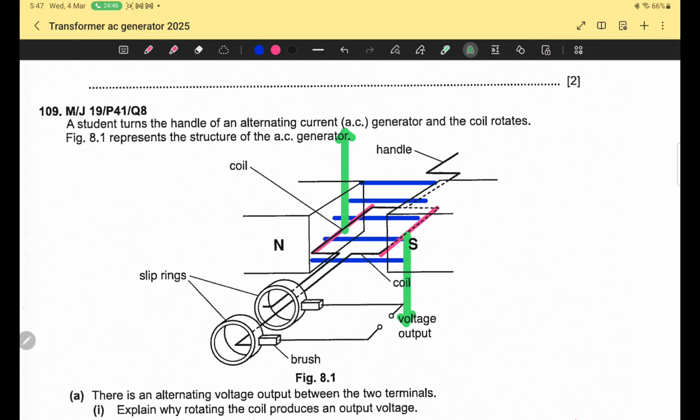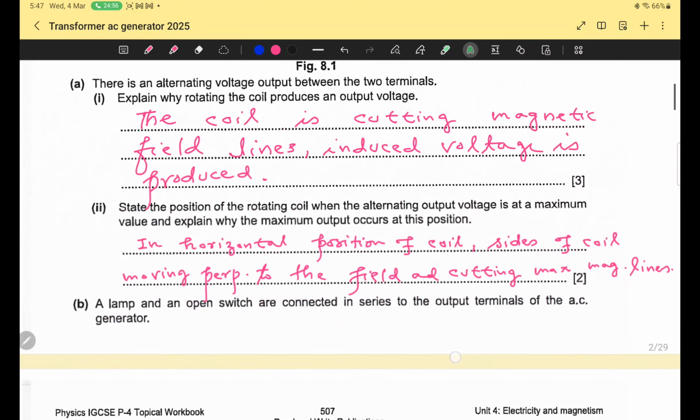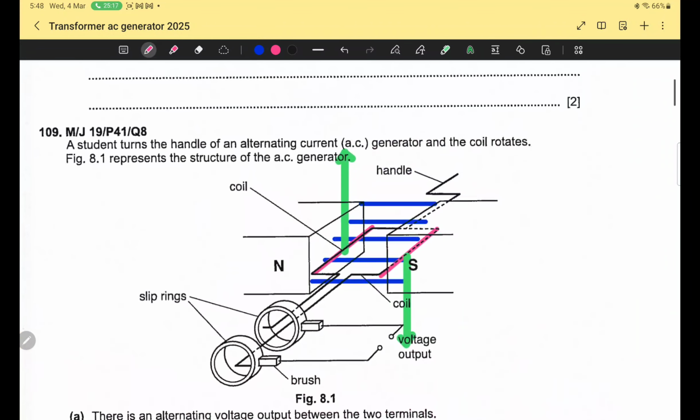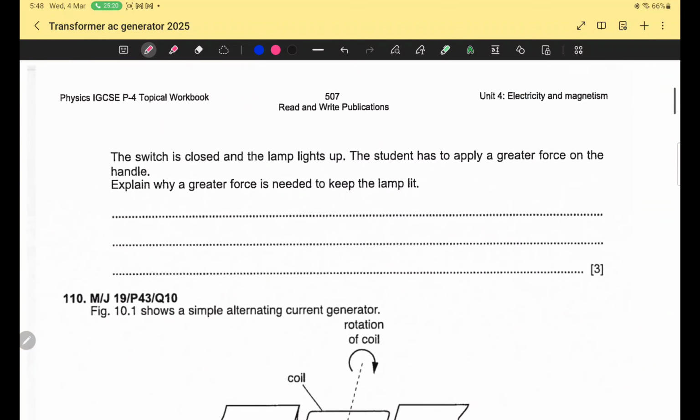So the magnetic field and the movement of sides are perpendicular. And when they are perpendicular, then the coil is cutting maximum number of magnetic lines. And when maximum lines are cut, then maximum voltage will be produced. So when the coil is horizontal, there will be maximum voltage.